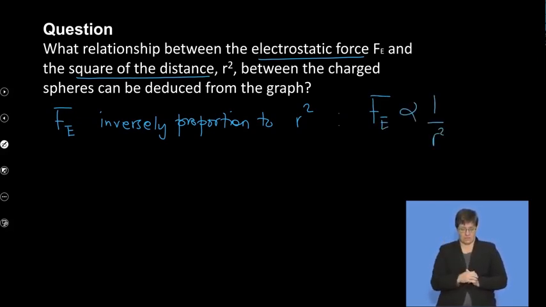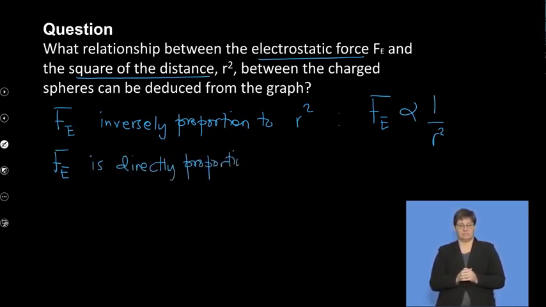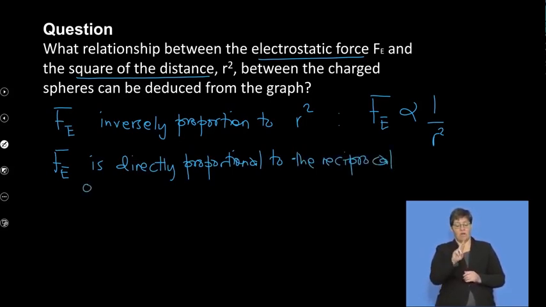At the same time, we can say that the electrostatic force is directly proportional, and we are still talking about the same relationship, another way of looking at it, to the reciprocal of the square of the distance, of r squared.